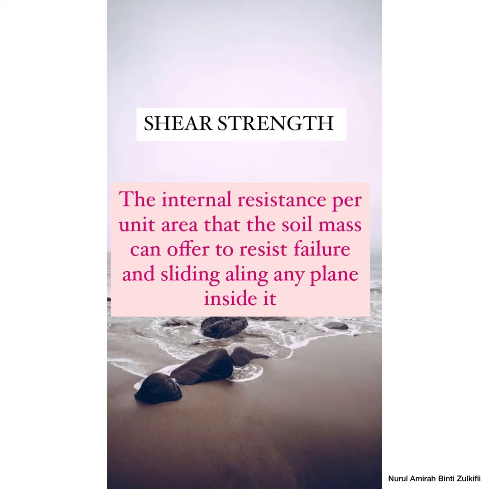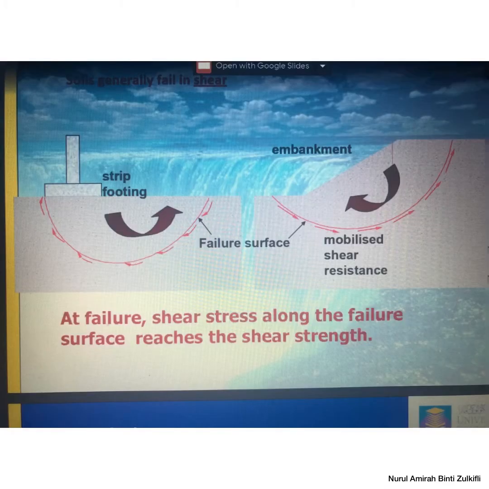The shear strength of soil is determined in the laboratory as well as in the field. When the shear stress along the failure surface reaches the shear strength, the soil fails because of the maximum shear stress. That is why it becomes a failure surface.